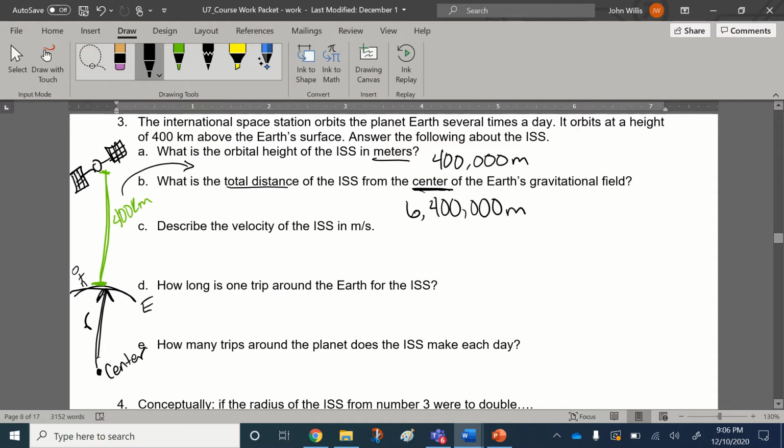Now, if I'm sitting on the second floor of Lincoln Way West, and I'm adding 3 meters to that, well, that's not going to change my answer very much, right? Look at how much larger 6.4 million is than 3. It's not going to influence the final answer in any way that is really going to be measurable. It will influence it, but why bother, right?